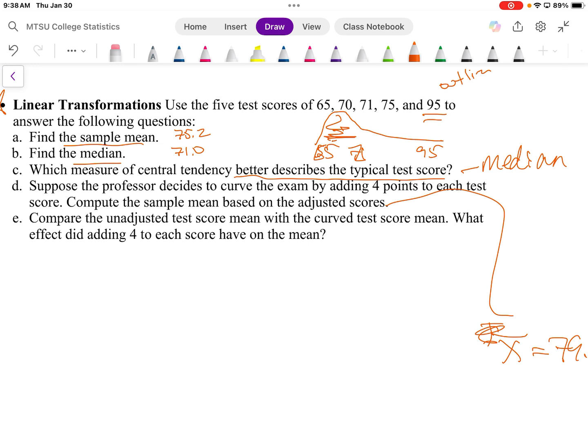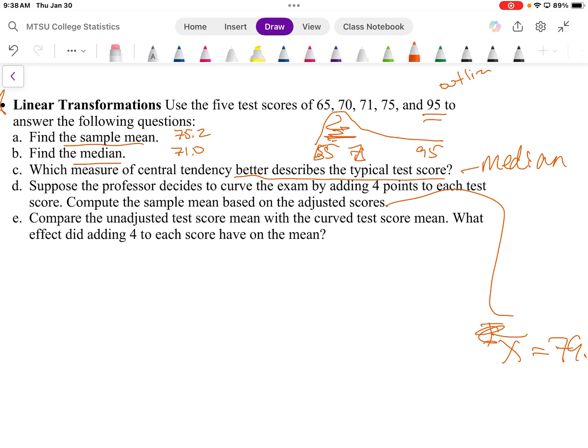I just added 4 points to the mean, right? The old mean was 75.2, and when we added 4 points to everybody's score, the new mean was 79.2. Well, that's just taking the old mean and adding 4 to it.